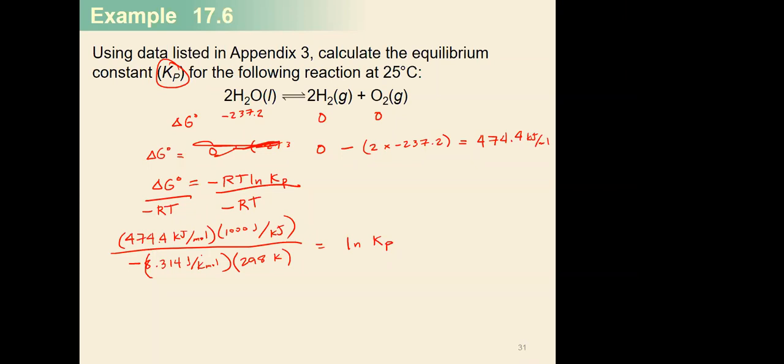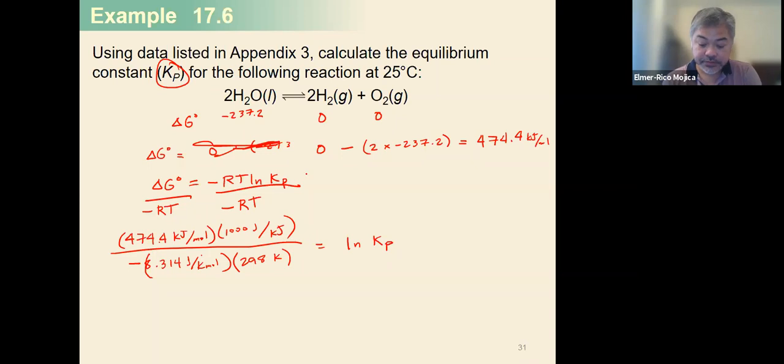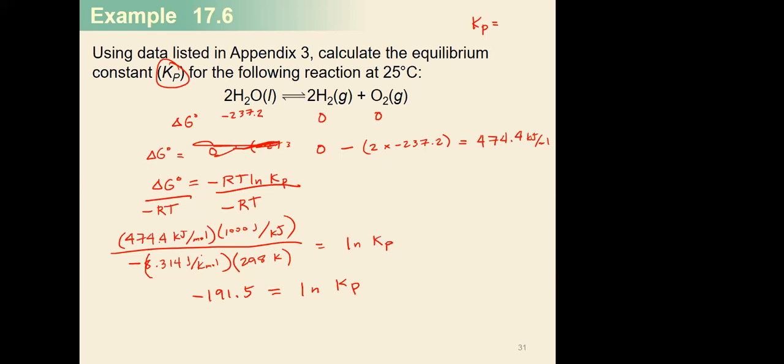You get negative 191.5. Now, what would be the Kp? Before we answer, can we predict if Kp will be a very big number or a very small number? Very small.